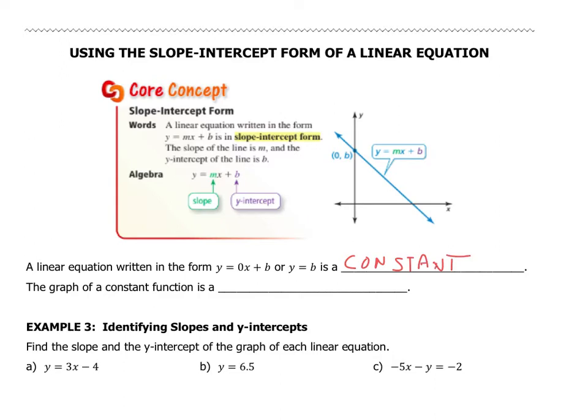I'll describe why that's happening in one second. Constant meaning that it's always going to be that number: y equals whatever number is crossing the y-axis. It's also a constant function because it is a function. These, remember, are your horizontal lines.